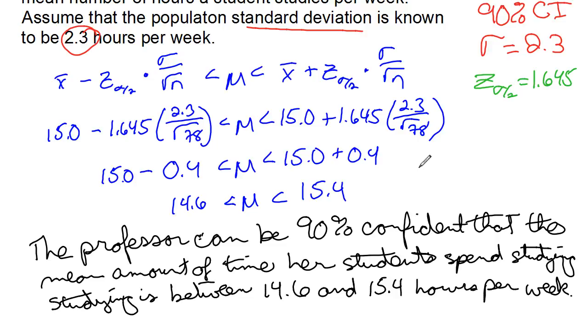Notice it is descriptive. It talks about the level of confidence, what it's about, and then it includes the two numbers that you just found. Okay?